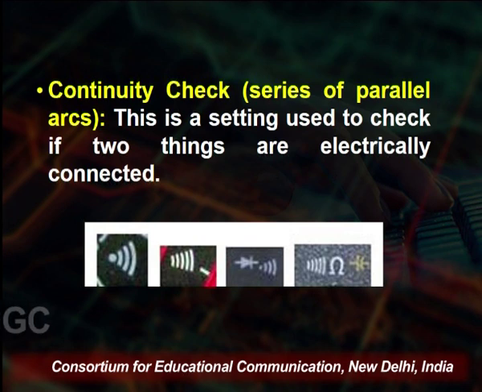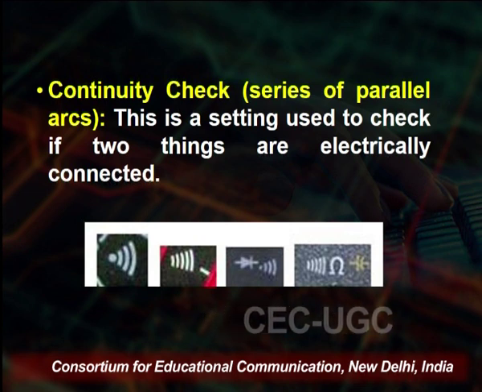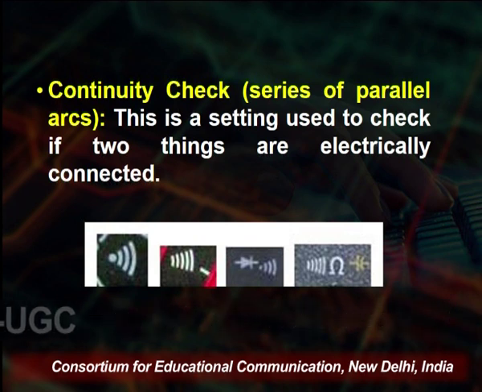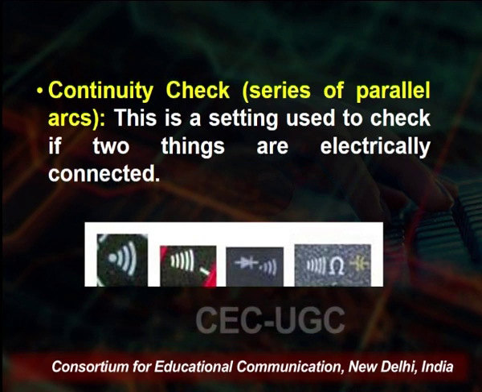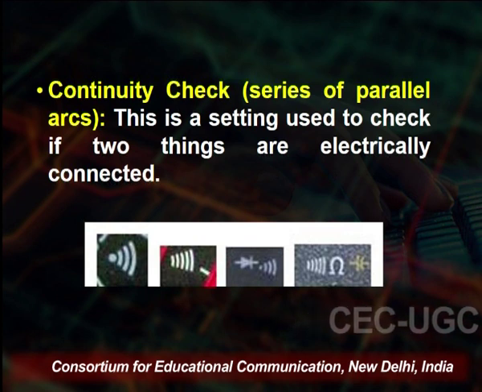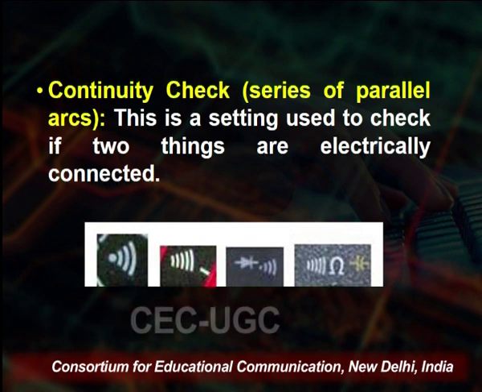Now there is one symbol that is used for the continuity check. You can see here a series of arcs. This arc represents the continuity check. This setting is used to check whether two things are electrically connected or not. If they are connected, it will give a beep.